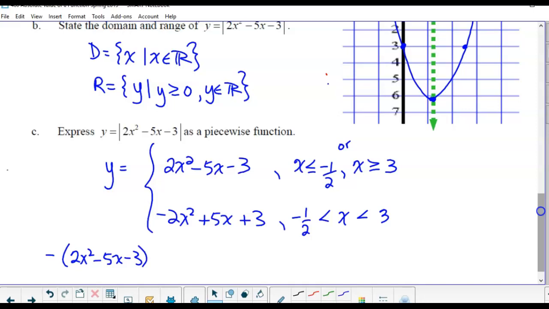Okay, so overall, this will be all real numbers. Because this is everything up to including negative 1/2, then from negative 1/2 to 3, and then from 3 to infinity. Okay. So that's kind of why we did it in that order. Find your x-intercepts first, so that's going to help us with our piecewise function there. And that's it. Okay.